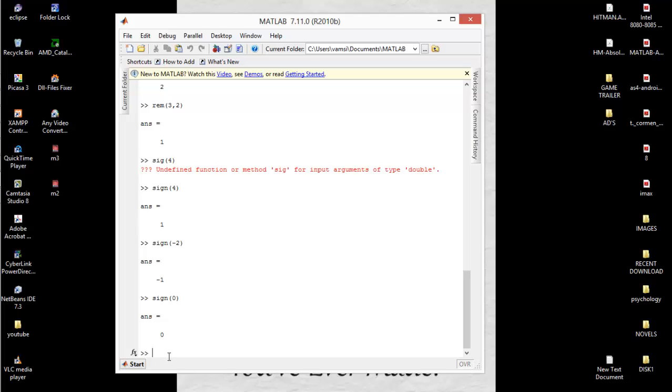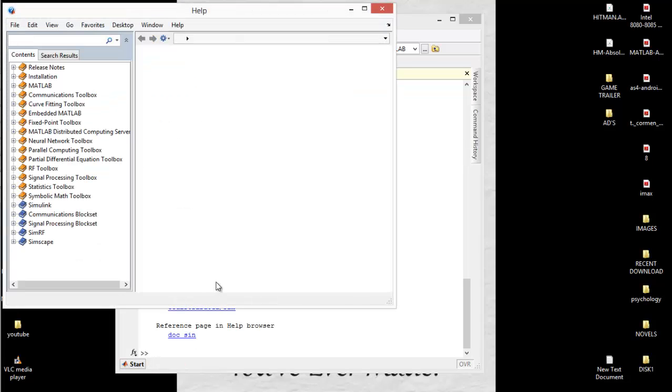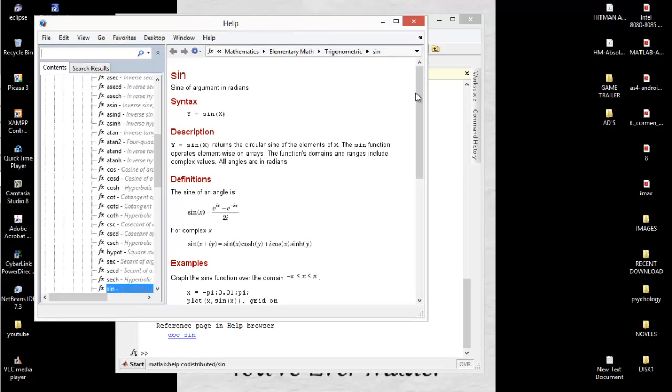These are all the built-in functions. If you want to know about any function, go to the help window. You can know about anything by going to the doc. You can learn about all of these in the help menu. What is a sine function?